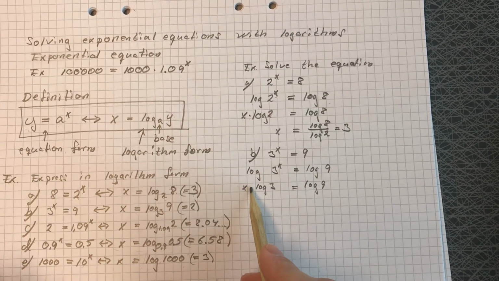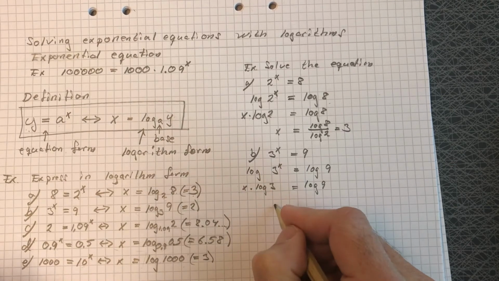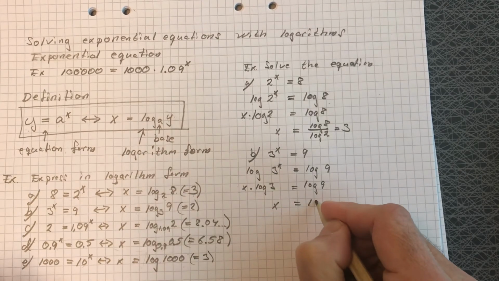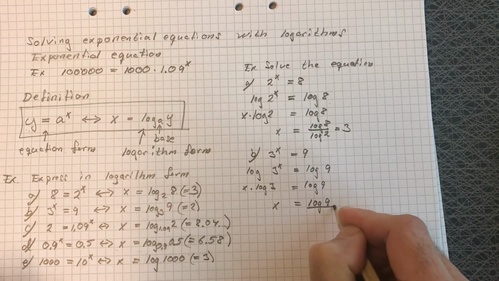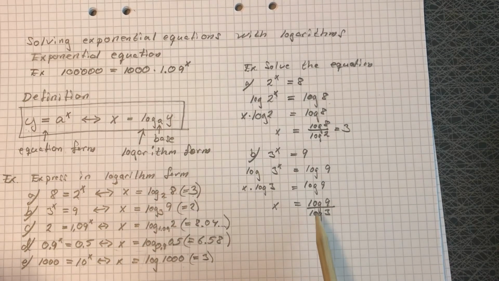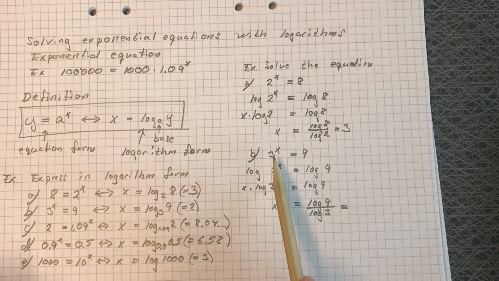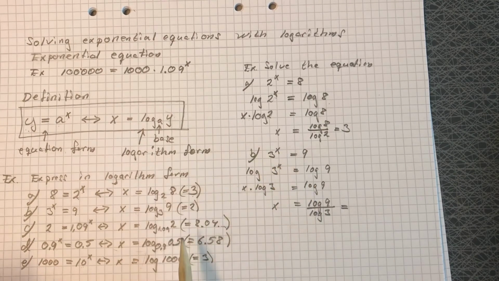So they are together with multiplication, so I have to divide by log 3 on both sides, so I get x alone. So x is equal to log 9 divided by log 3. And I can't cancel anything out now. I have to use my calculator here. And I know already that the answer has to be 2, because 3 to the power of 2 is 9.